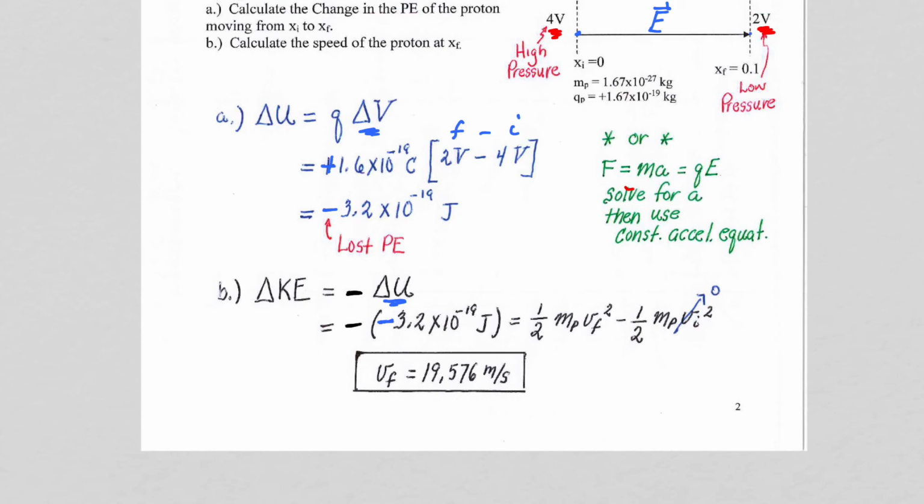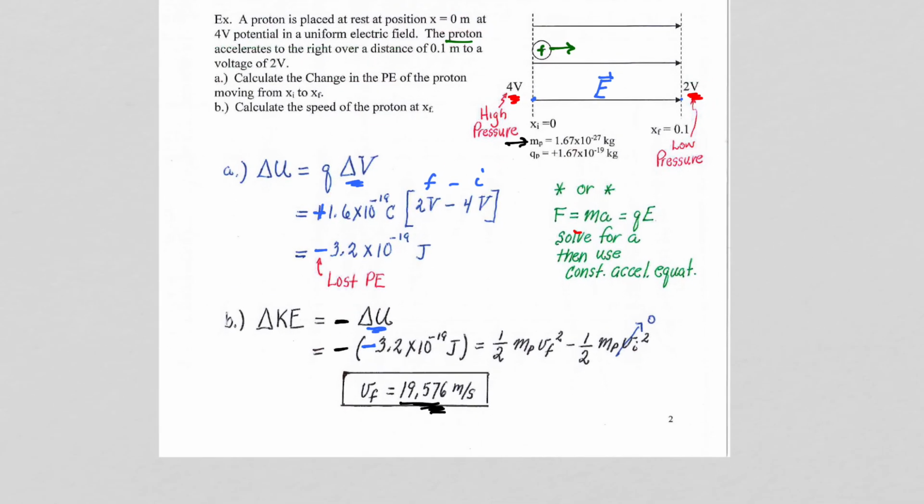The mass of the proton is given to us here, 1.67 times 10 to the minus 27 kilograms. That gives us a final velocity of a large 19,576 meters per second with just 2 volts. Because the proton does not have very much inertia, it acquires a great deal of speed going over a voltage drop of 2 volts.